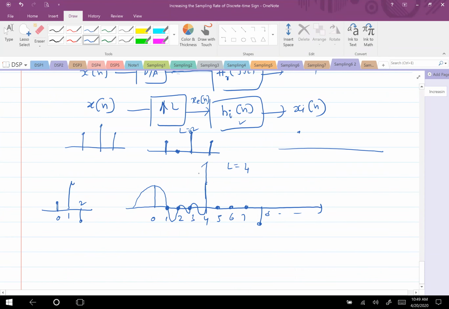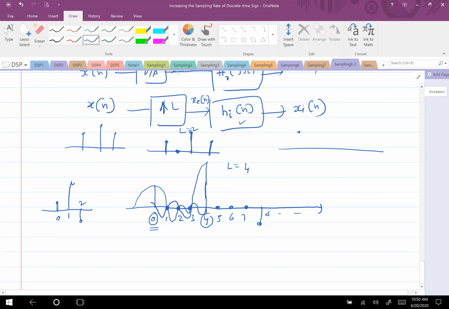Let me again, since that got erased. I started with a wrong way of drawing it, of course, again dotted, but still there is one more mistake in the way I have drawn it. It should not be 0 at all other points. Very good, that's correct. For example, the one which is there at 4 should be 0 at 0 only.